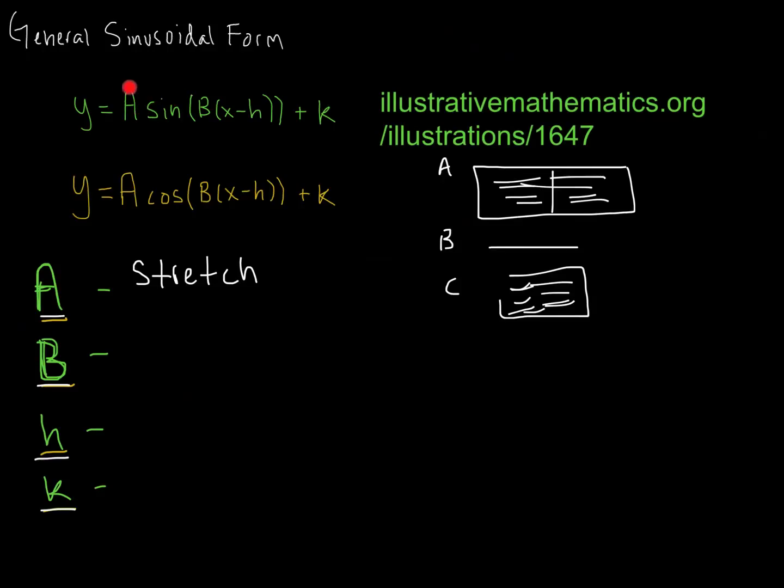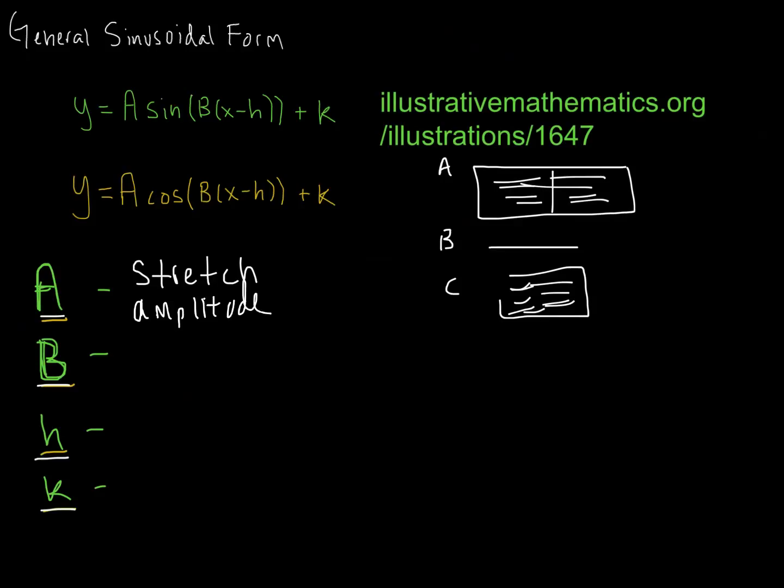So if you had, for example, just 2 sine of x, the largest value that you could possibly have is now 2. So changing a will stretch, and you may have said that this also affects the amplitude.